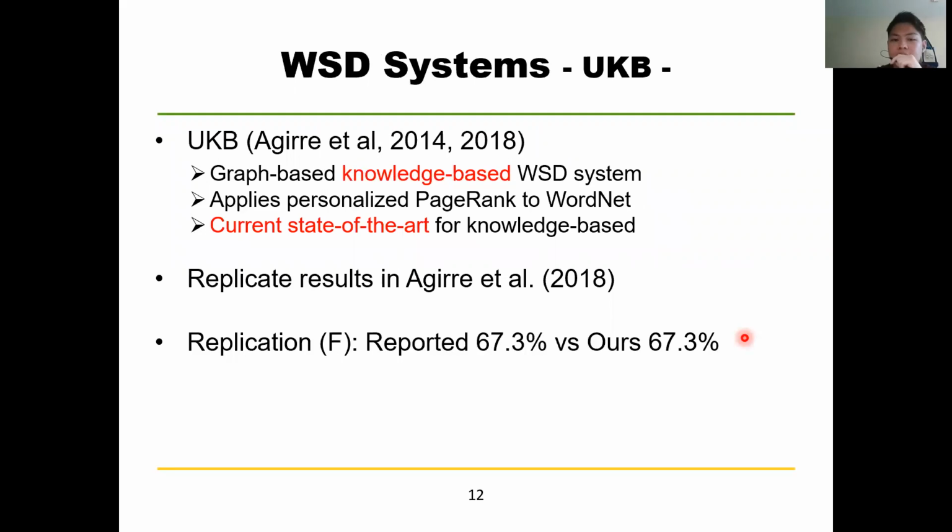And the next system is UKB, which is also a knowledge-based WSD system applying personalized PageRank to WordNet. And UKB sets the current state-of-the-art results for knowledge-based systems. And we replicate the newest results in their paper, and we could get exactly the same state-of-the-art results.